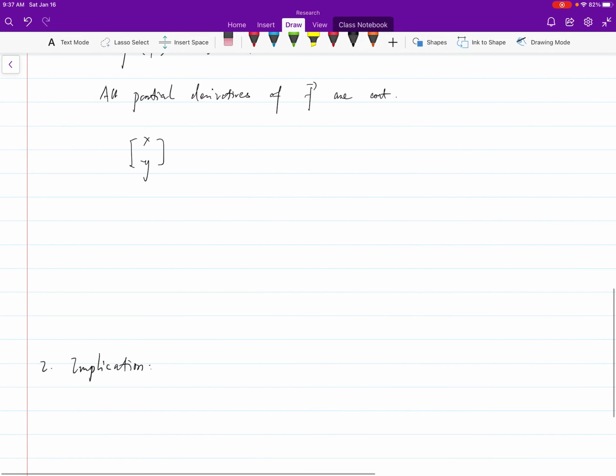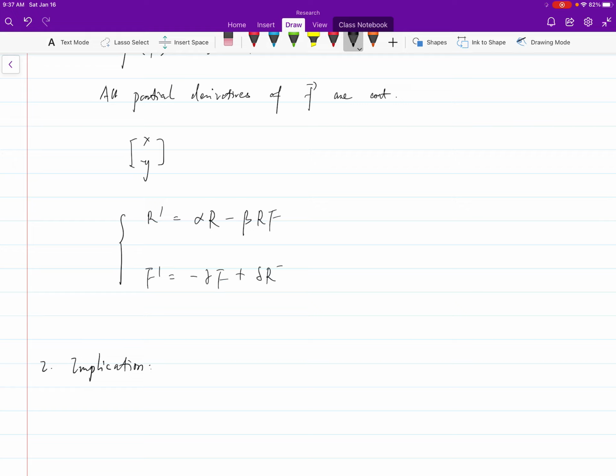It's really easy. Like the predator and prey. You have R prime, you have F prime. Let's just do alpha R minus beta RF and negative gamma F plus delta RF, given some initial conditions.